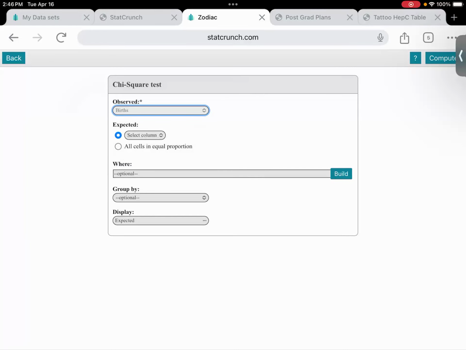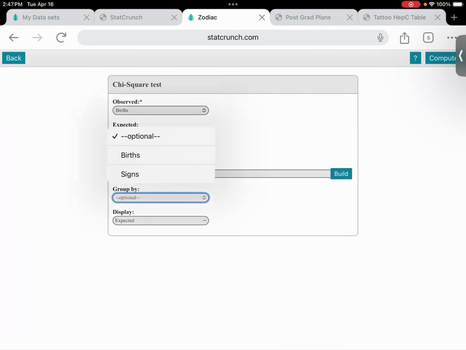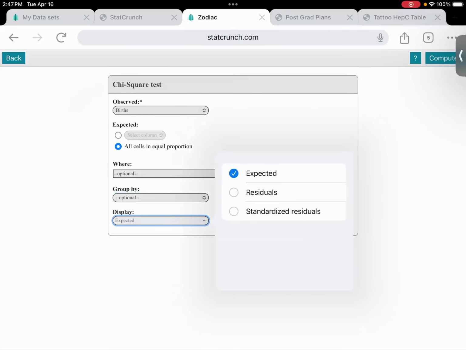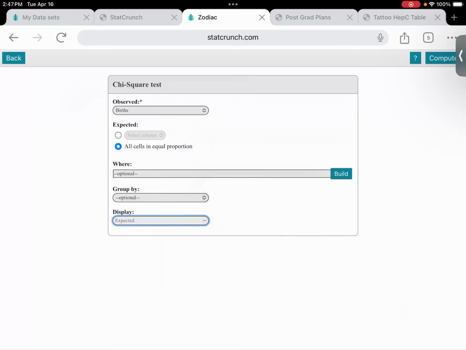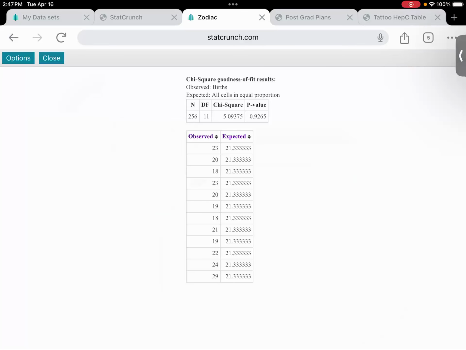We select births and all cells in equal proportion. There is one where you can select a column and we compare it to particular values, but most of the time, equal, unequal. And then, okay, display. Okay, and everything is good.